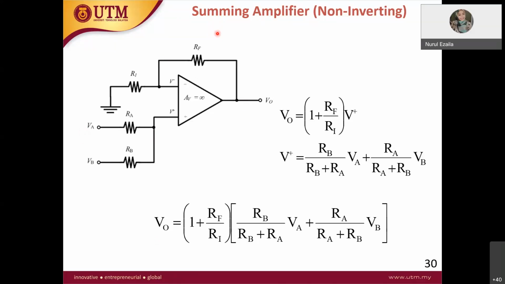Hello? Okay, great. So the summing amplifier, non-inverting, where the input voltage is connected to the plus, the non-inverting point. Now can you try to derive? I give you 5 minutes to derive it.